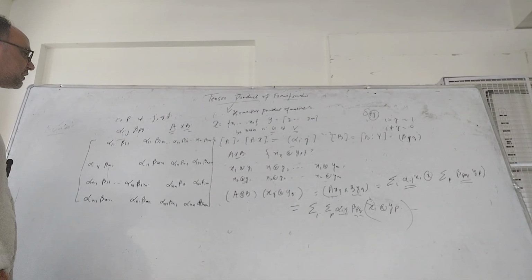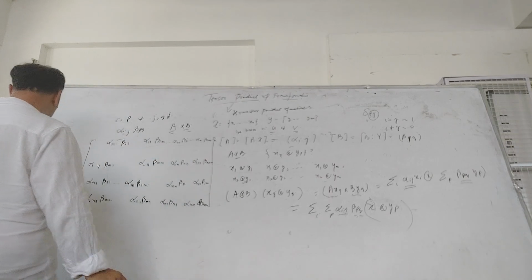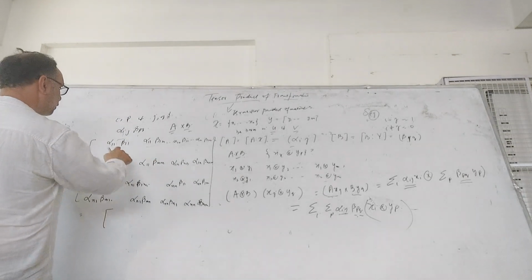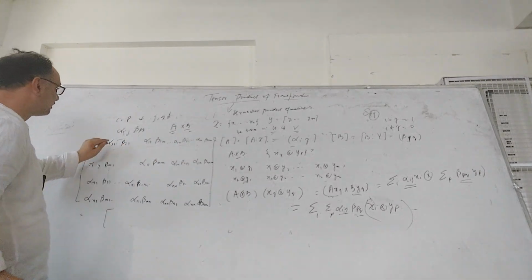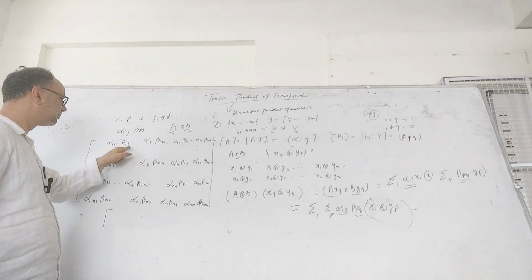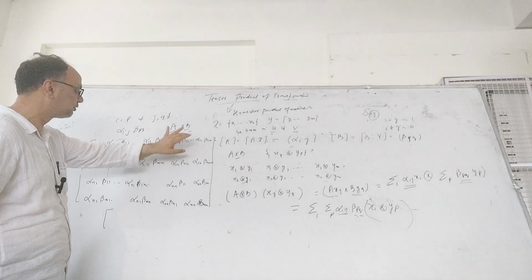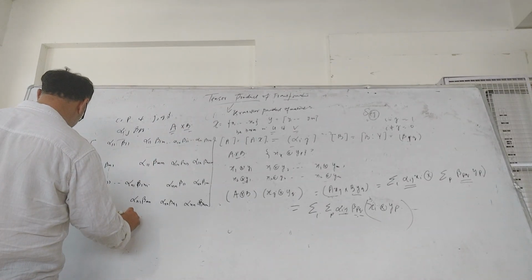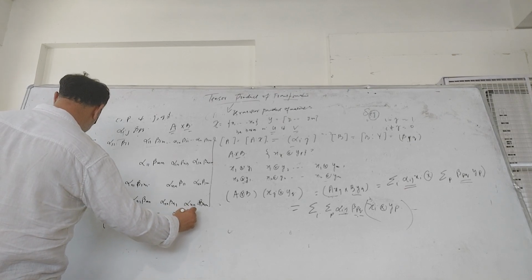And if you want to write it in a more condensed notation, it will be alpha 11 B, alpha 1n B, with the same structure in each row.